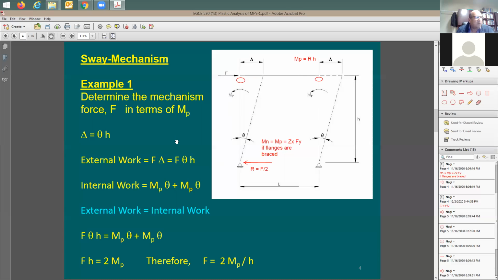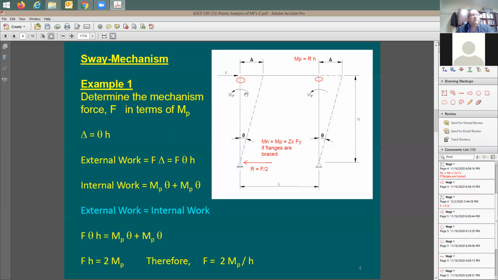And how much is this plastic moment? You say, well, to find out the plastic moment, I can just take the section modulus, Z sub X, multiply by F sub Y. Someone's going to say, how about the probable moment? So if you would like to call the probable moment, you can multiply by C sub PR and also the R sub Y, the 1.1 and 1.2 max, if you guys recall these two values.